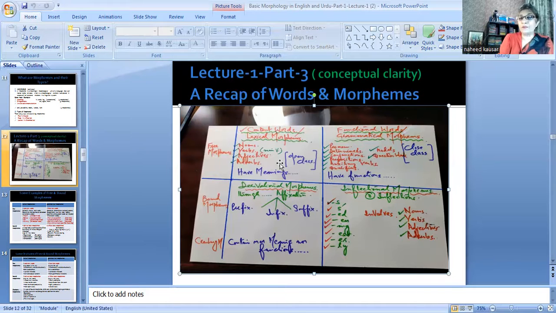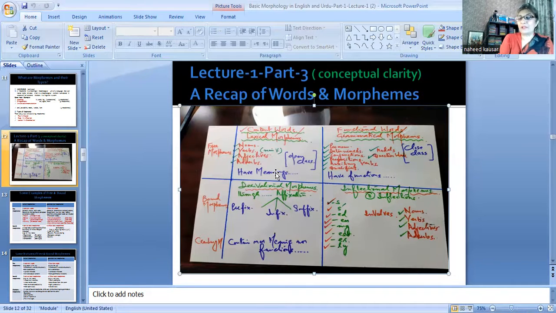It's important to say this thing also, that if you talk about the free morphemes, the best examples can be found in the simple and the compound words.